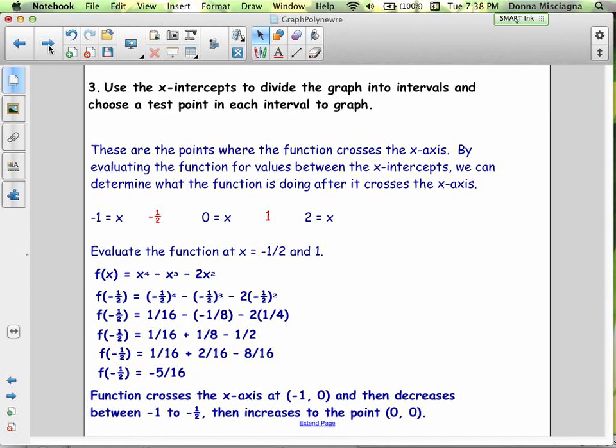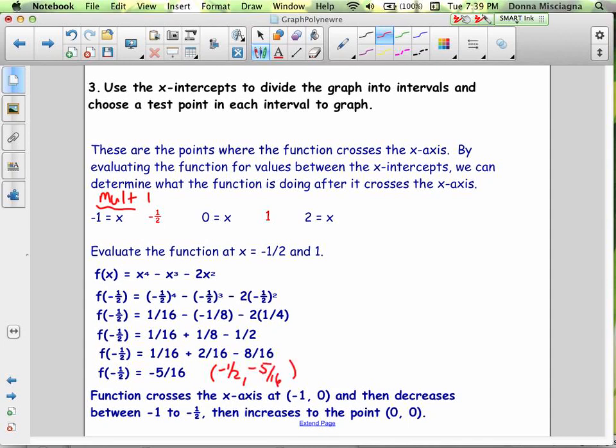So your function is going to cross the x-axis at -1, and then it decreases because that's a negative number. We have to cross the x-axis because there's only one solution there. This is multiplicity 1. So we cross at -1, and since that's a negative number, this is the point -1/2, -5/16.